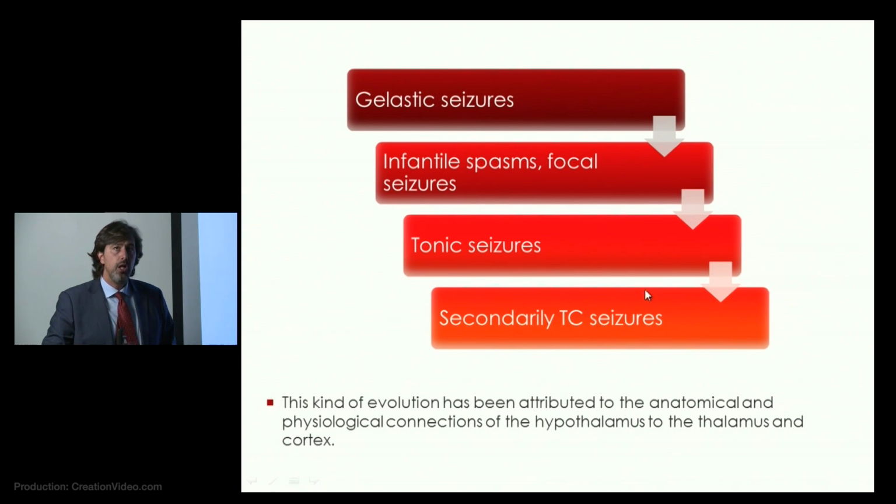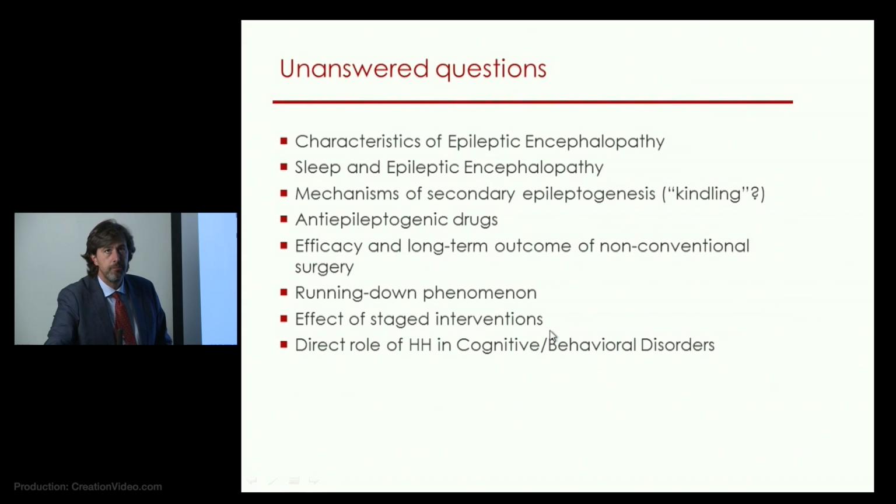And because, as I showed, the cascade of seizures is quite fast, we should try not to arrive at this condition with tonic seizures and secondarily generalized seizures.